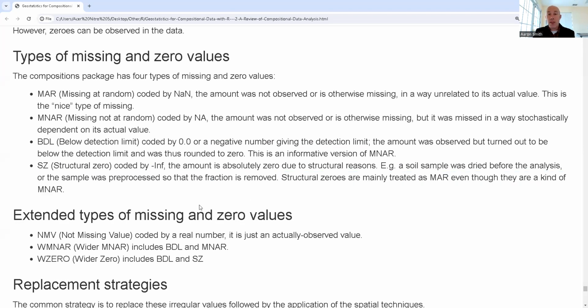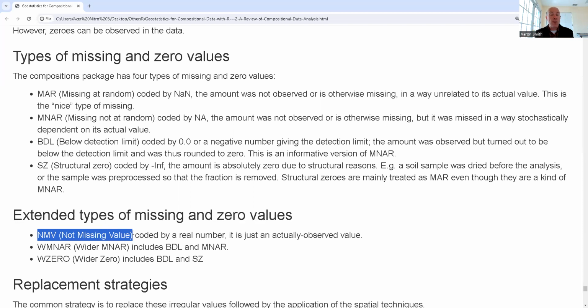All right, now we can extend these four types of missing and zero values to these other classes. And so we can have not a missing value. So a non-missing value is just a regular old data point. It's a real number. It's positive or zero. And it's just the value as is.